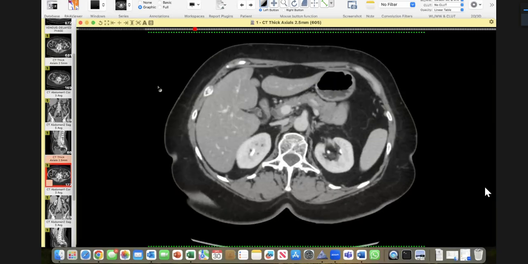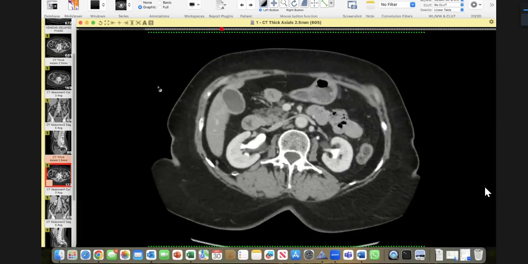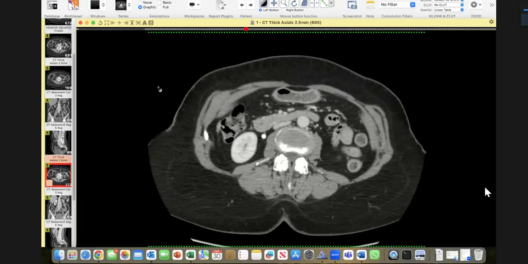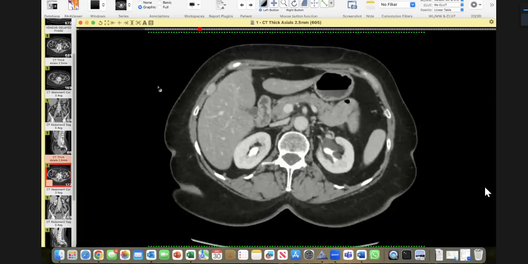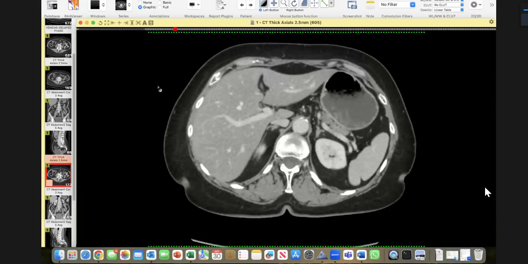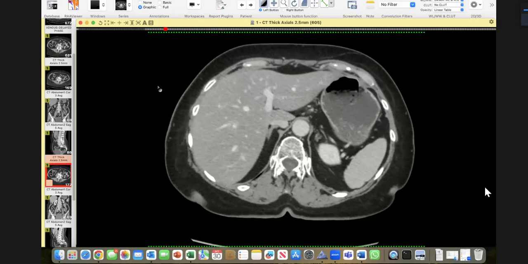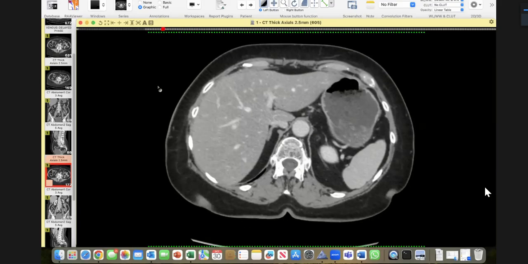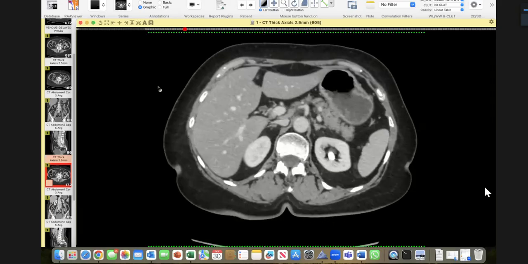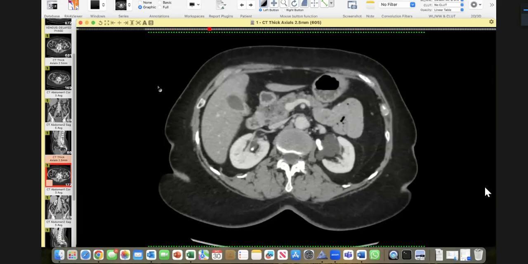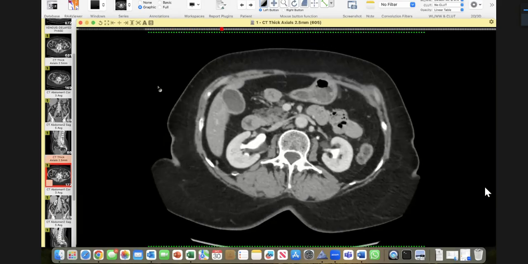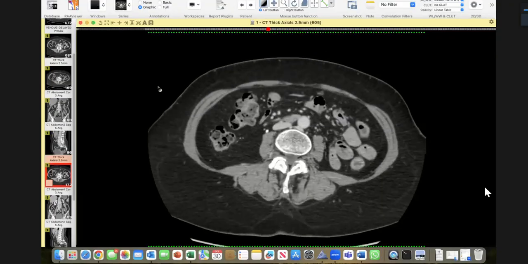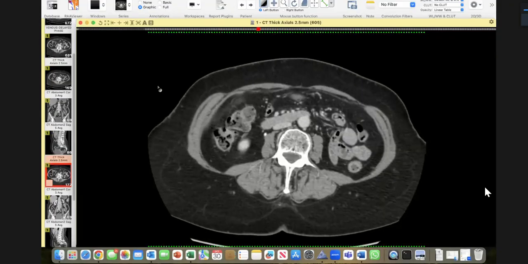Maybe it's a late venous phase. Seeing the bowel and the solid organs, it is a venous phase.